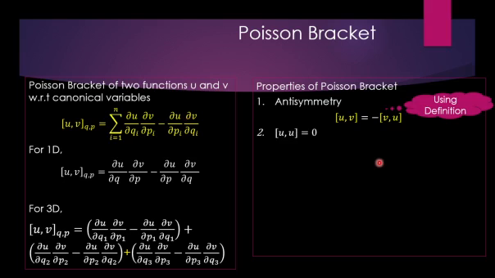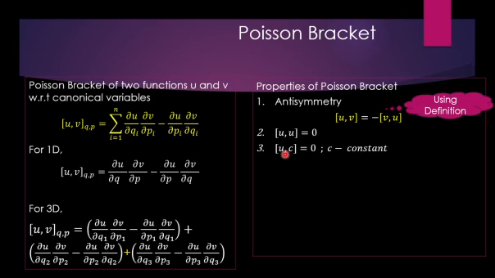And similarly you can prove a Poisson bracket of a function with itself will be 0, because the first term minus second term would be similar, so they will cancel out. So all these properties can be proved using the basic definition of Poisson bracket.